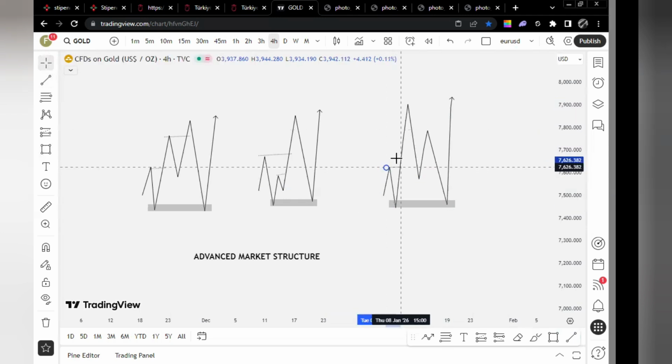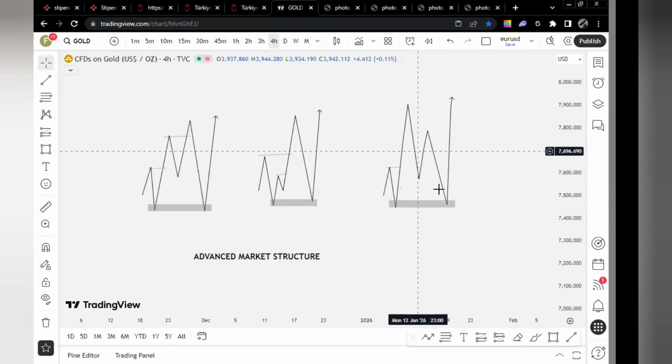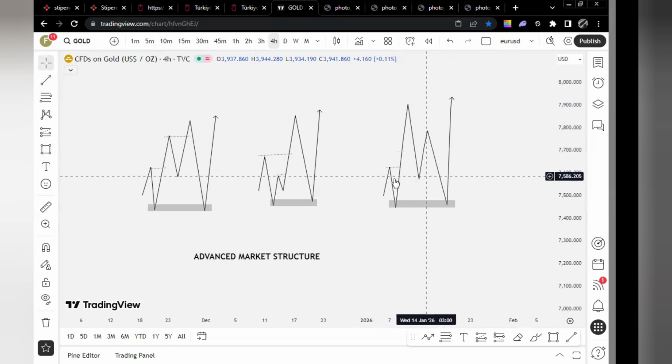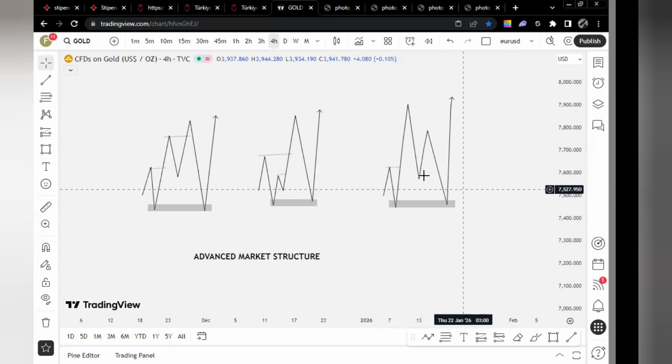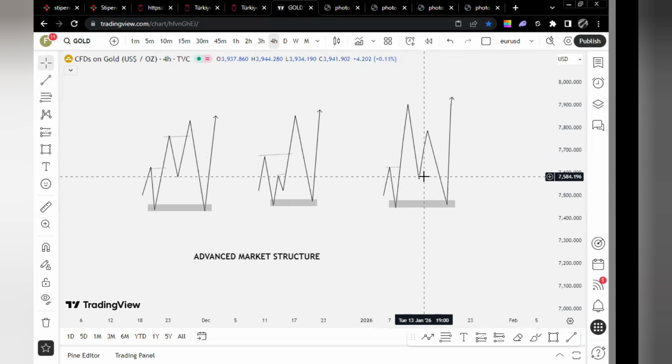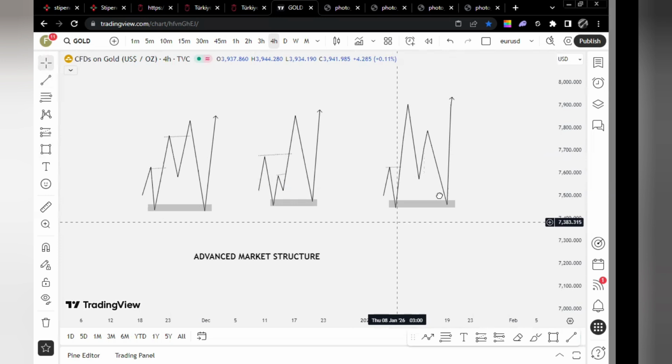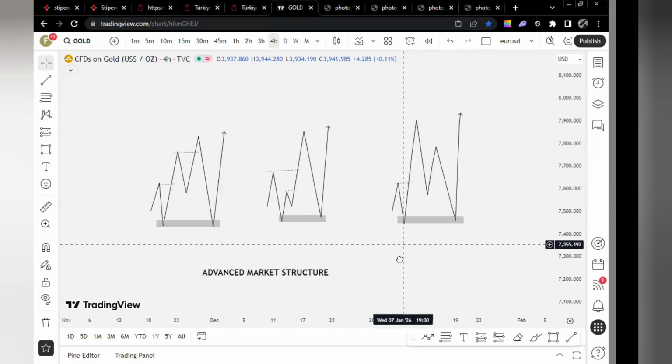When the setup is very valid, price needs to create its own liquidity. So you have a break of structure here, and this one coming down here. In some cases this can be a CHoCH, a change of character, but still, it is an engineered liquidity.